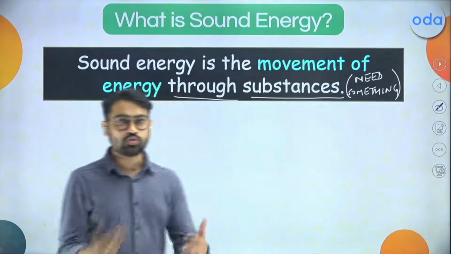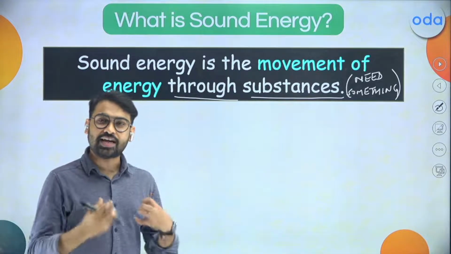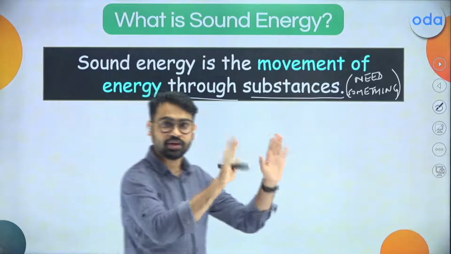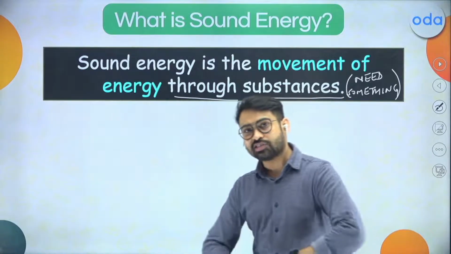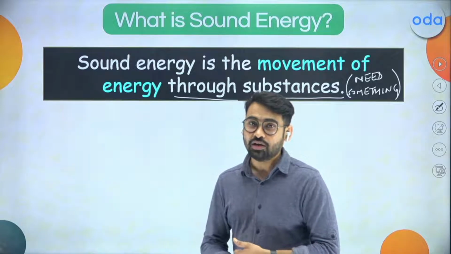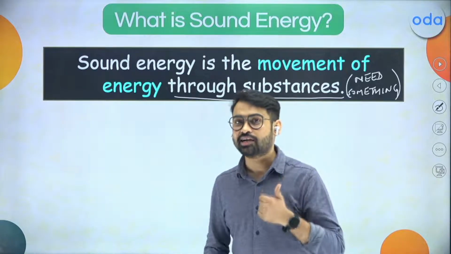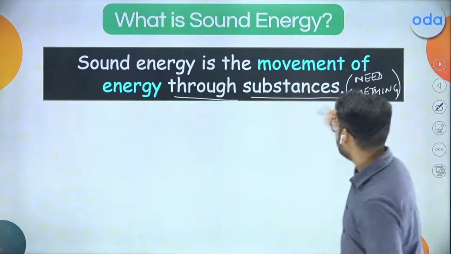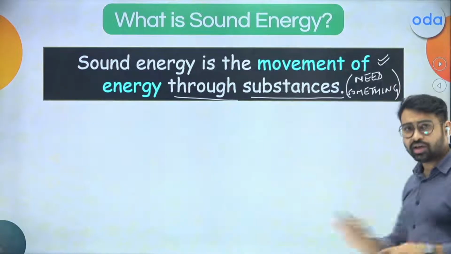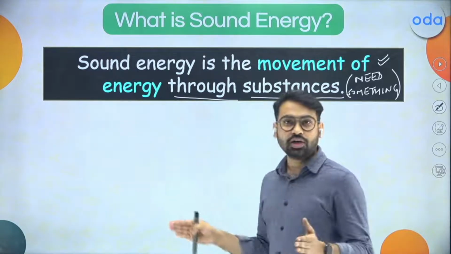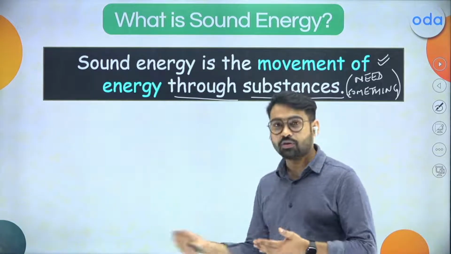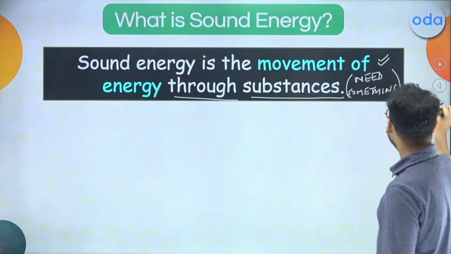If it passes through some substances, this means that it has a requirement that it needs a medium. Later on we'll learn that it could be a solid or a liquid or a gas, and if there is nothing, sound cannot travel. Light, on the other hand, can travel. So this is one of the differentiating factors, and this is one of the most correct definitions if you read between the lines. So that is what sound energy is for us.